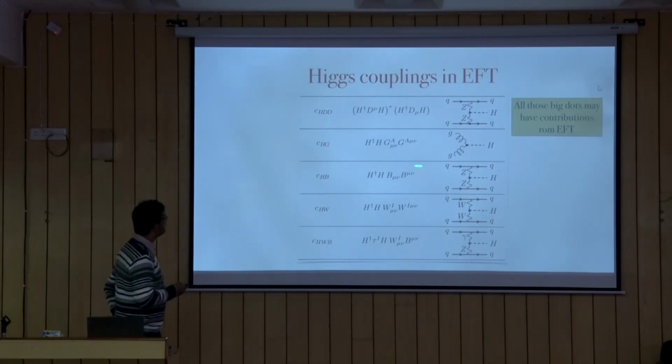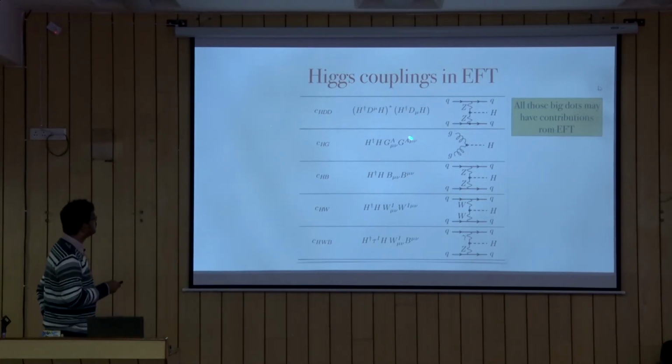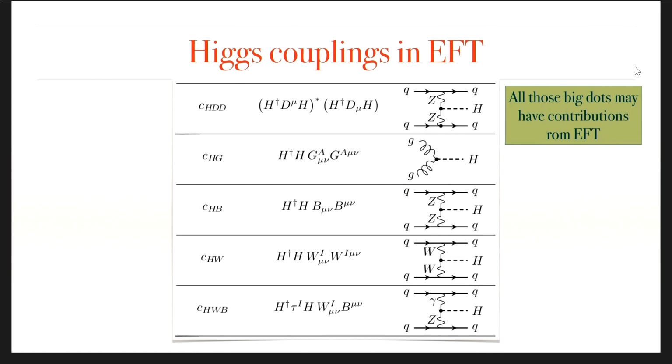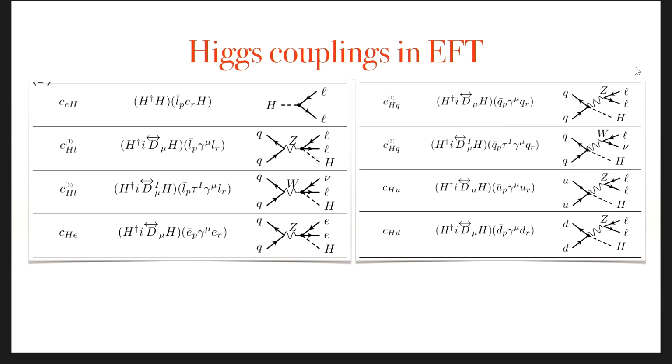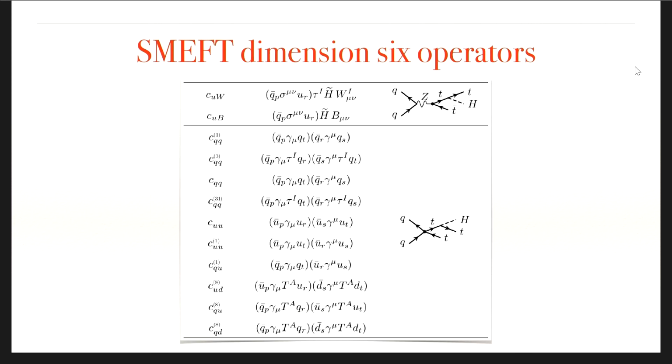And this exercise can go on for other operators also, like H dagger H G mu nu will produce an additional contribution to gluon Higgs, etc. And this exercise can be extended for all these different operators involving the Higgs field that we have written.